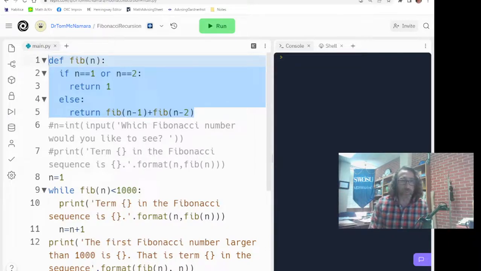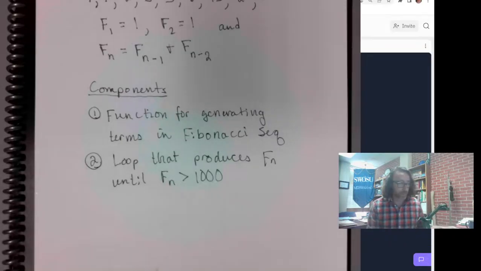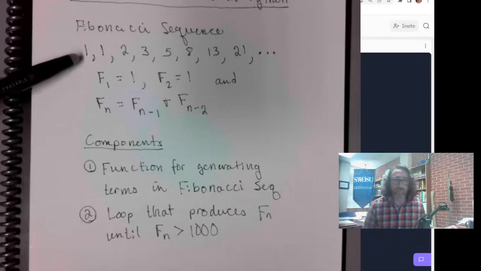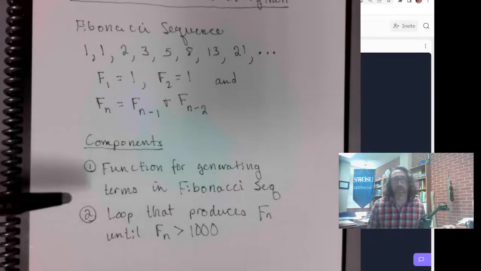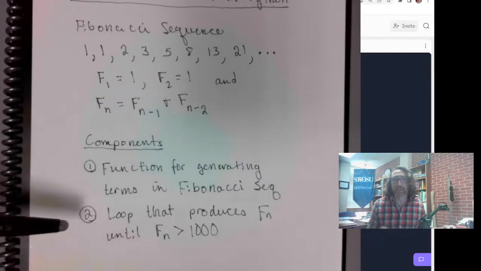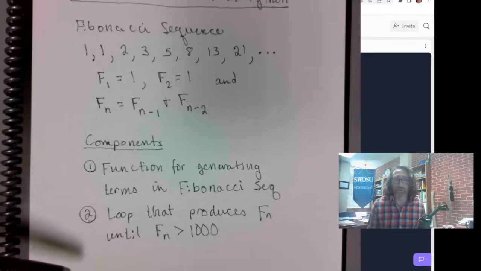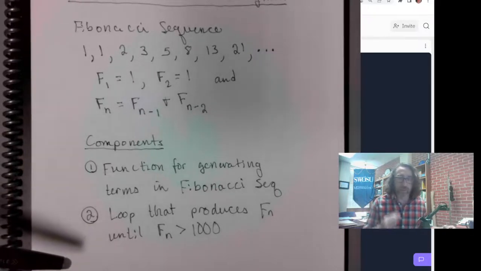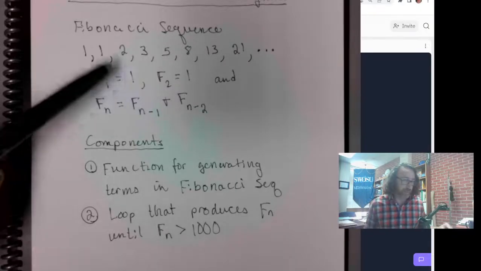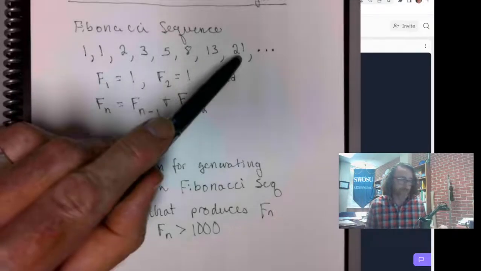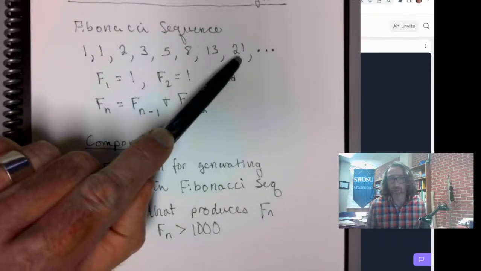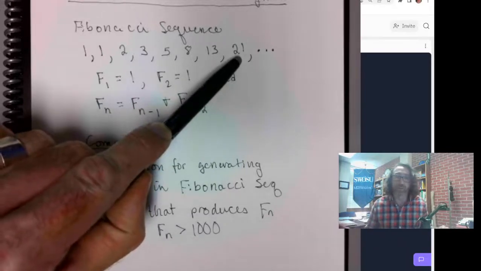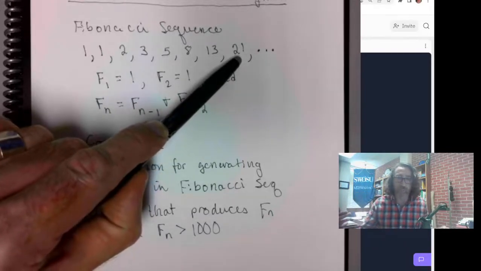So in other words, if we go back to our written values right here, if I put in, let's say, 8 into this function, I want the function to give me term 8 in the Fibonacci sequence, which is 21. So I want the function to spit out 21.